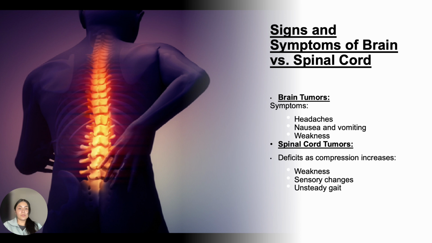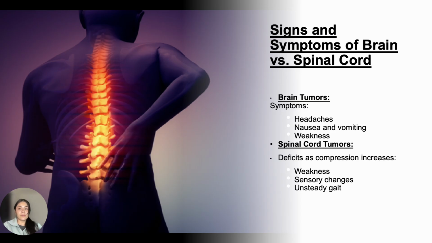Now on to spinal cord tumors. Spinal cord tumor symptoms often begin with localized or radiating pain and progress to neurological deficits as compression increases. These may include weakness in the arms or legs, sensory changes such as numbness, tingling, or loss of sensation.